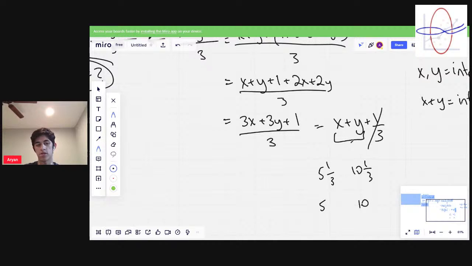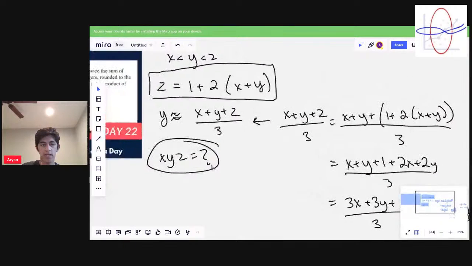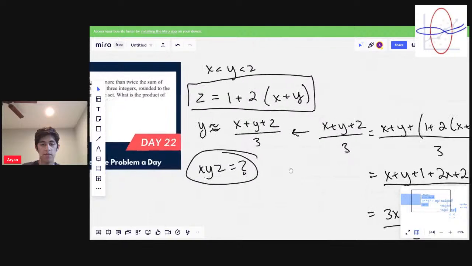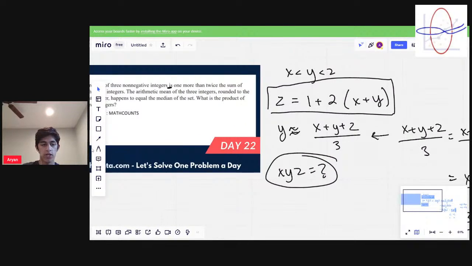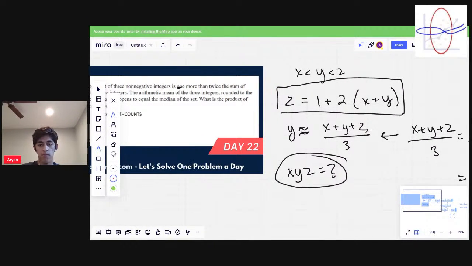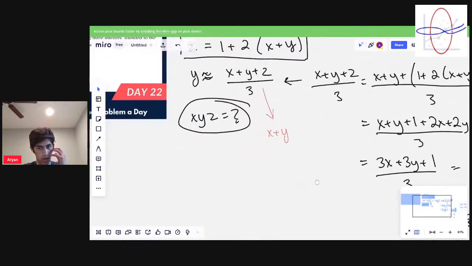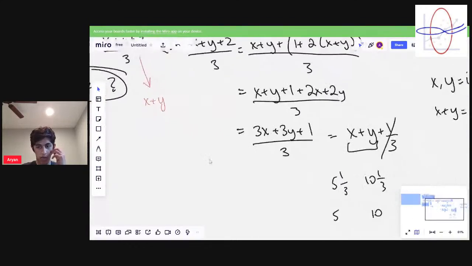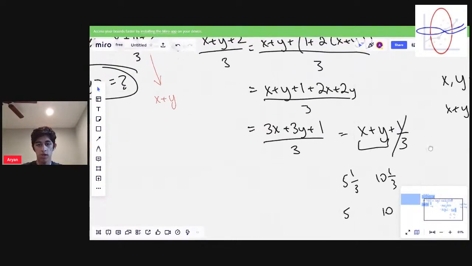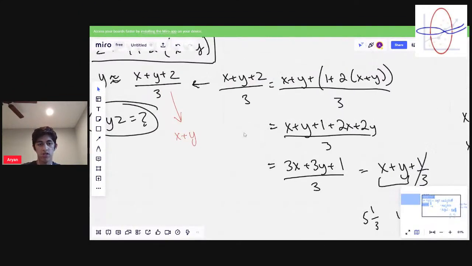So if we go back to our equation that was giving us some trouble, x plus y plus z over 3, we can just rewrite this as x plus y. We found x plus y plus 1/3 is equivalent to that expression.